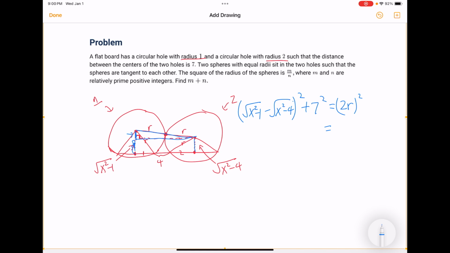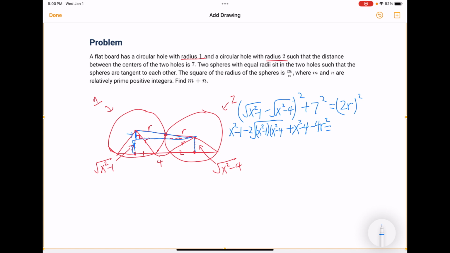I'm going to expand the first part of the equation, and then move the 2r squared over to get minus 4r squared.